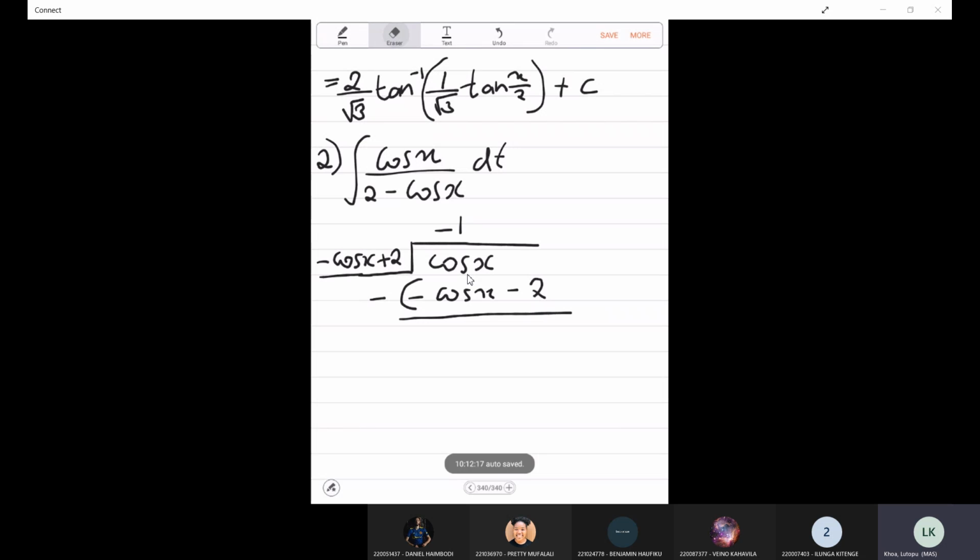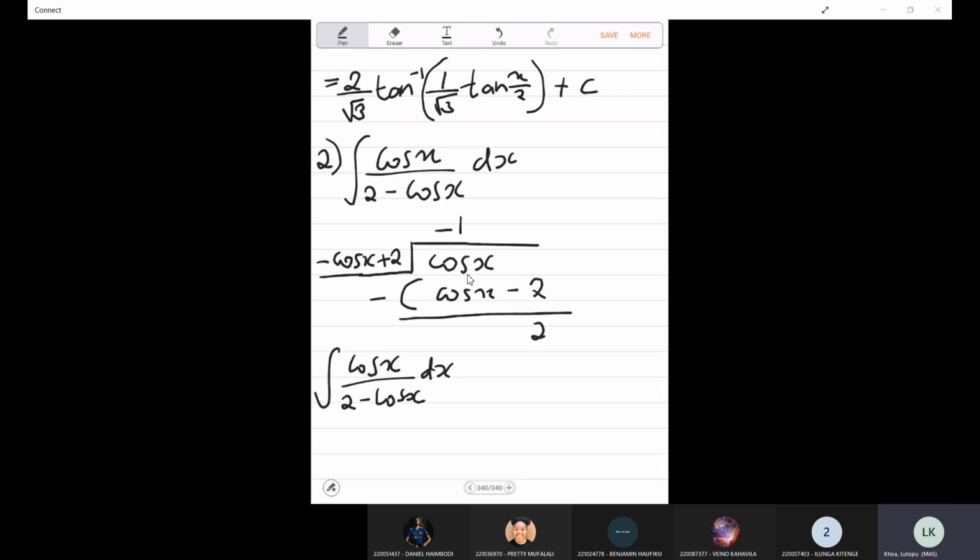Sorry, this is positive because it's minus cos x times minus 1. Then when you subtract, you get 0, and then negative, negative 2. This is positive 2.